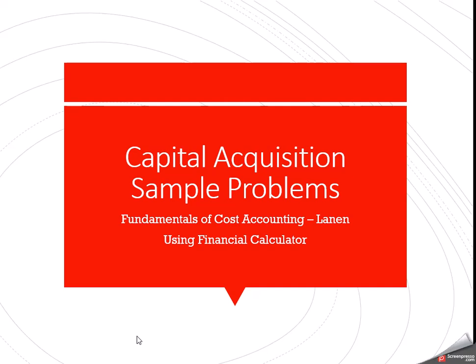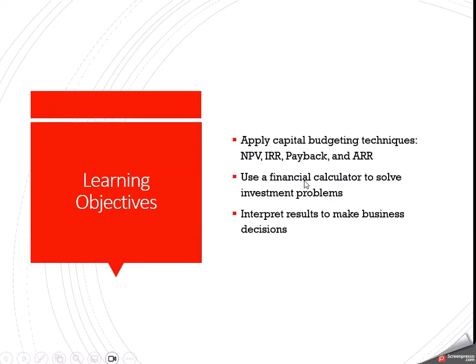Okay, the capital acquisition is in the appendix of this chapter, but I do think it's important to understand these functions. Now, I am going to show you in this PowerPoint, the textbook doesn't provide a PowerPoint for it. So I'm going to show you, though, using the financial calculator, because I'm not a fan of using those long formulas that the textbook provides.